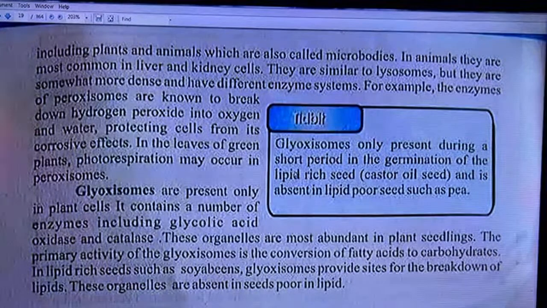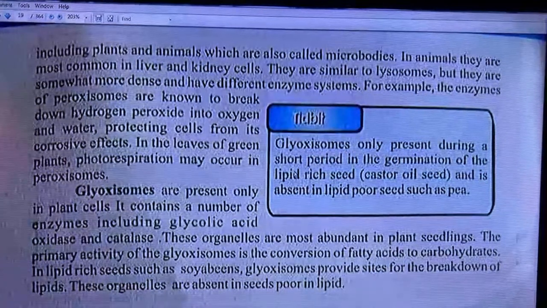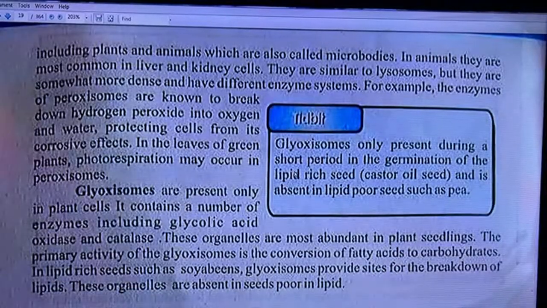They are similar to lysosomes, but they are somewhat more dense and have different enzyme systems. For example, the enzymes of peroxisomes are known to break down hydrogen peroxide into oxygen and water, protecting cells from its corrosive effects. In the leaves of green plants, photorespiration may occur in peroxisomes.